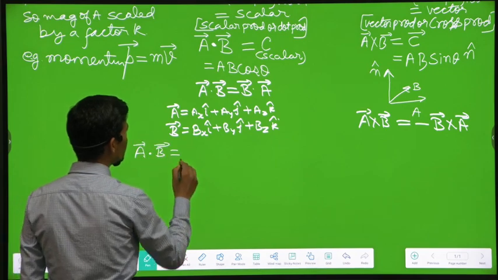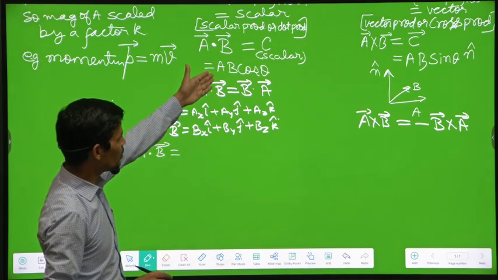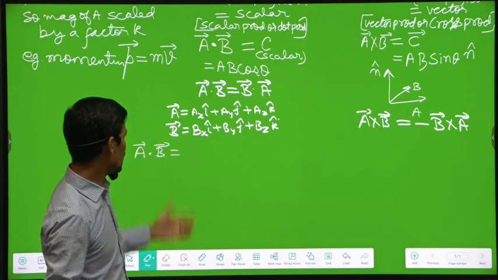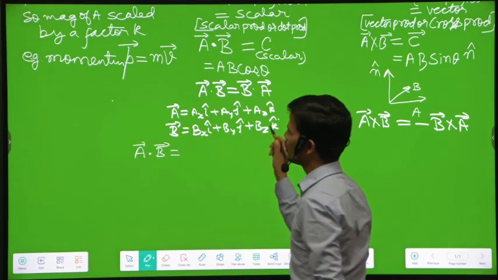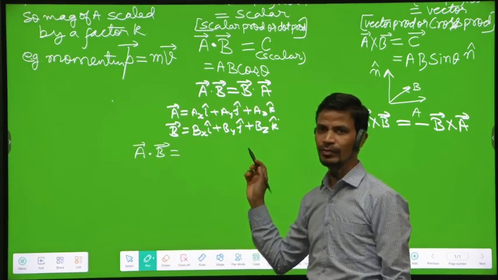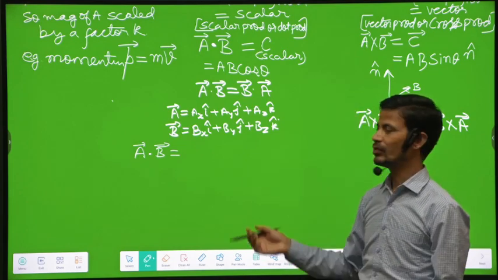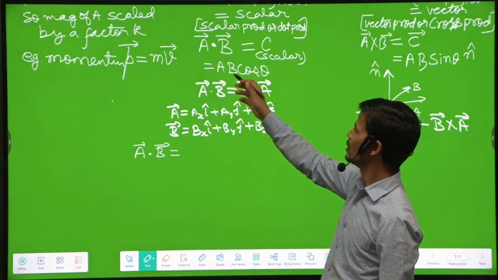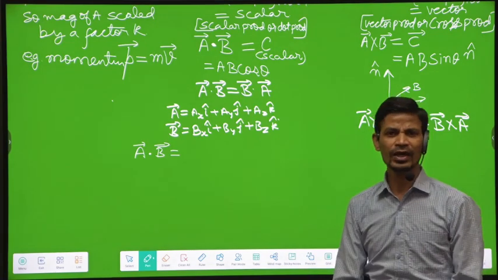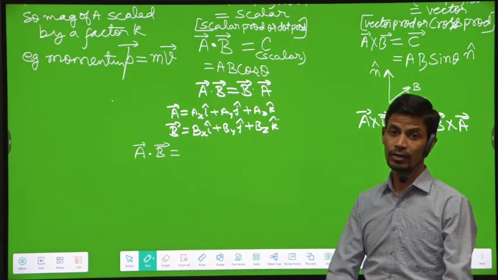in order to find A dot B, I have this formula, but what I can do, I can take the magnitude of A, I can take magnitude of B, and if I know the angle between them, I can apply this formula and I can find the answer. But I have an alternate also.